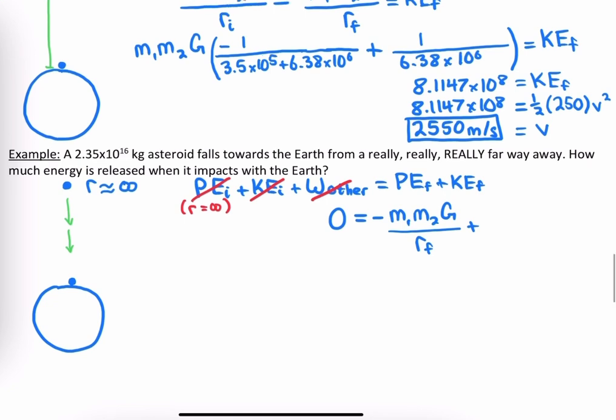And kinetic energy final is the thing we're looking for. So to isolate kinetic energy final, I'm just going to move this potential energy term to the other side. It's nice because it'll get rid of that negative sign too.